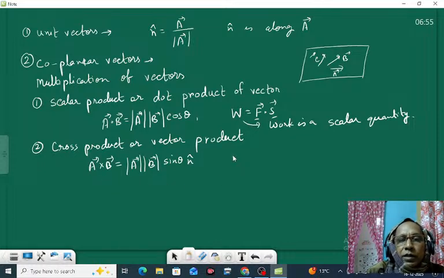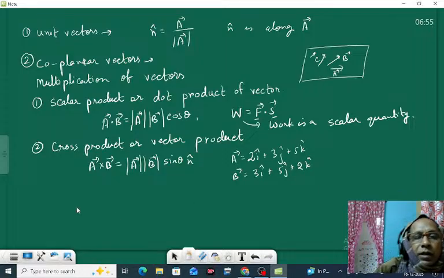Suppose there are two vectors. A vector is given as 2i cap plus 3j plus 5k, and B vector is represented as 3i plus 5j plus 2k. Then you can find A cross B in the form of a determinant.